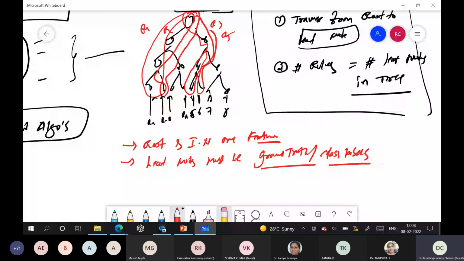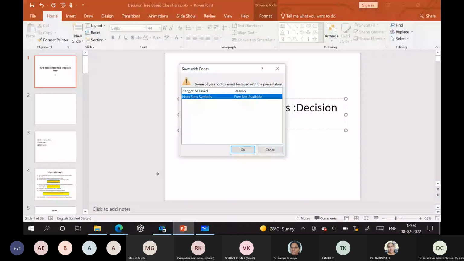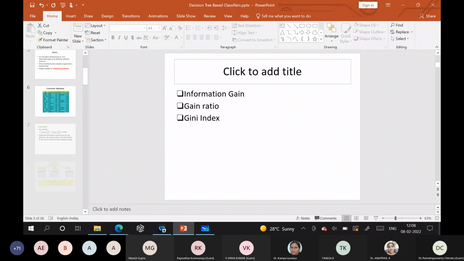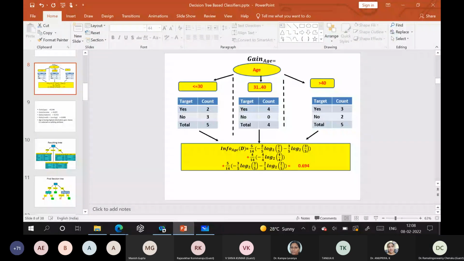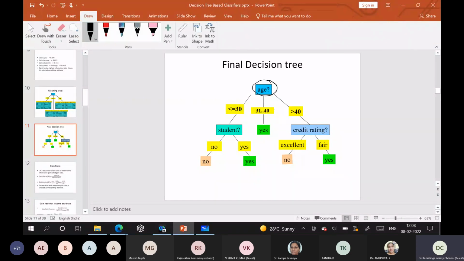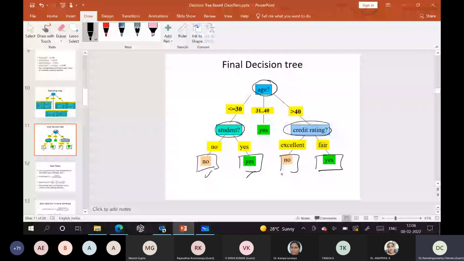So let me show one. Yes. So if you see, this is one simple example. Are you able to see? Here, this is one internal node, this is one internal node, this is one internal node. And if you see the ground truth information, the leaves are the class labels: yes class, no class, no class, yes class.